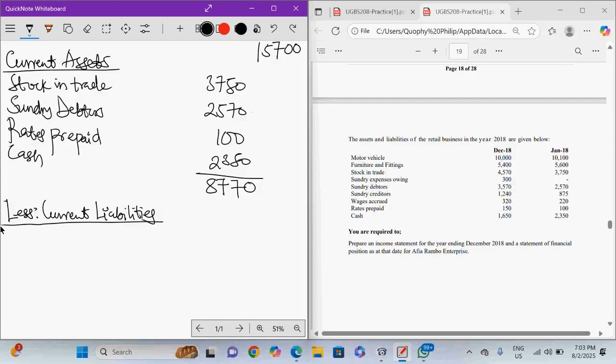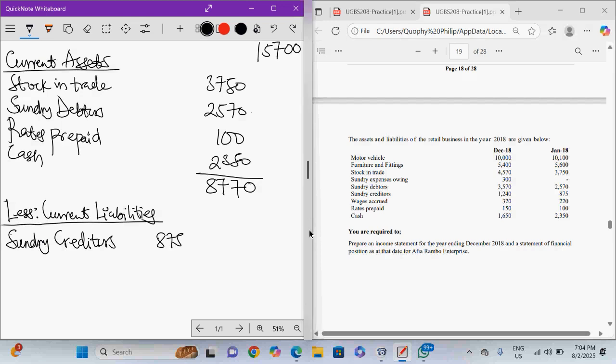Current liabilities, what do you have? Owings is a liability, right? Sundry creditors. Creditors is 875. Then sundry expense owings, 300, so it will not come here. Then we have wages accrued.